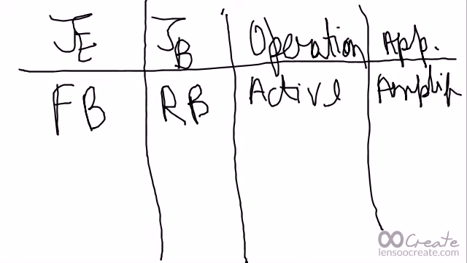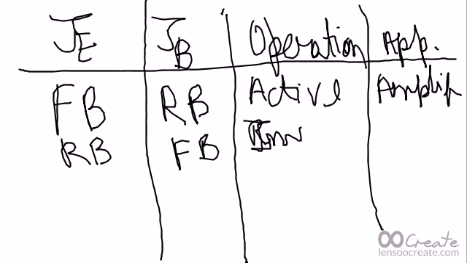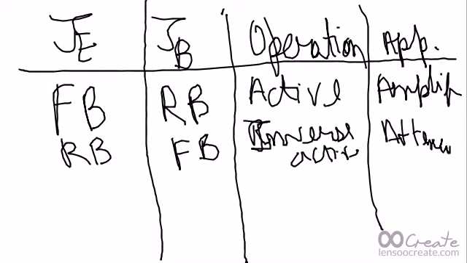If the emitter base junction is reverse bias and the collector base junction is forward bias, then it is in inverse active mode. And it will act as an attenuator. Amplifier increases the strength of the signal and attenuator decreases the strength of the signal.